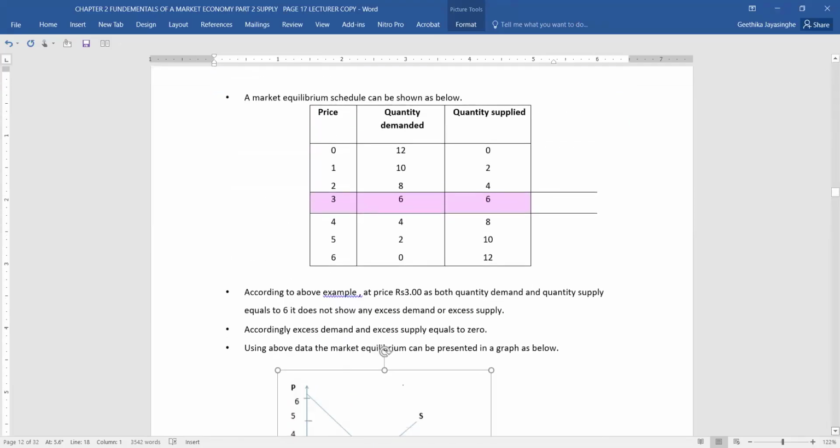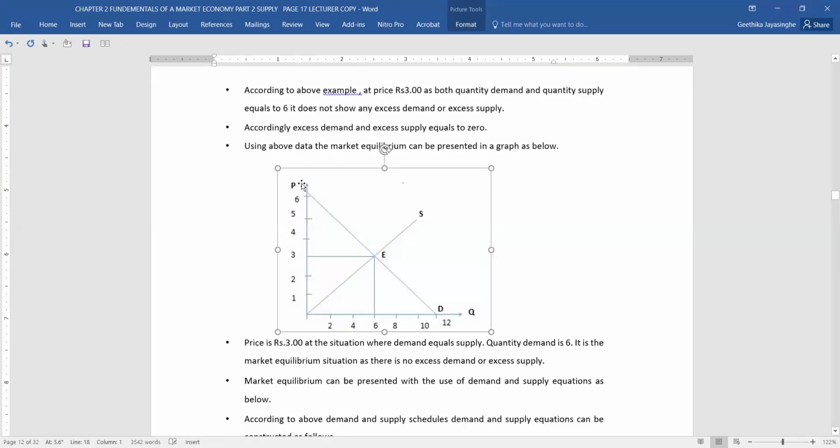First you draw the scale: price on the vertical axis, quantity on the horizontal axis. Then you draw either the demand curve or the supply curve. And when there's an intersection, you take it down. I'll give you a little time.